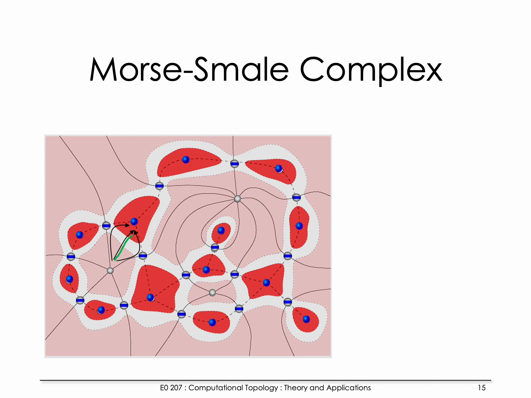So for example, the cell that is shown here with the arrows, with the integral lines, is the collection of all integral lines that share a common origin minimum and a common destination maximum. So this is a two-dimensional cell. This is one of the cells of the Morse-Smale complex.